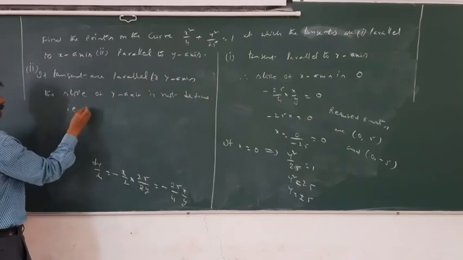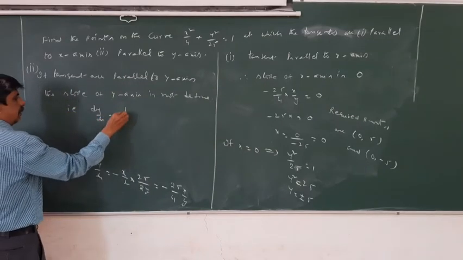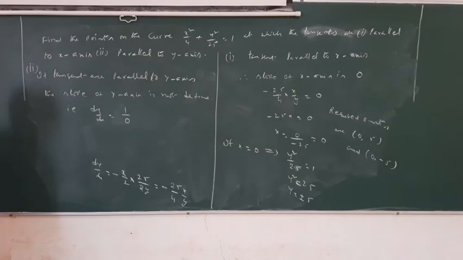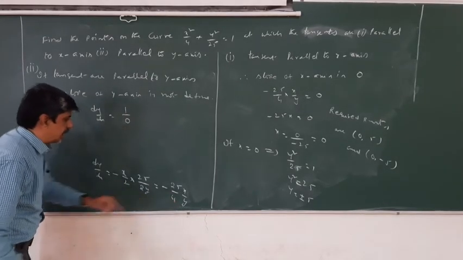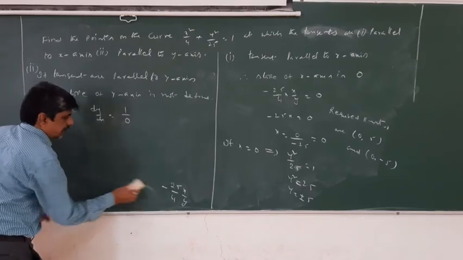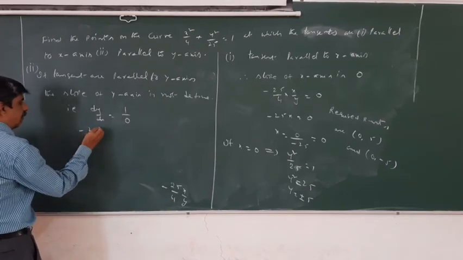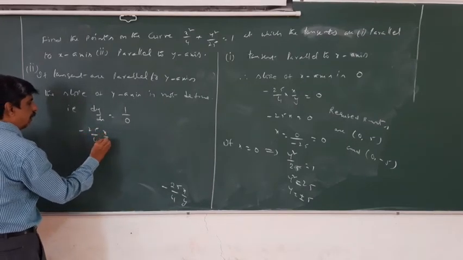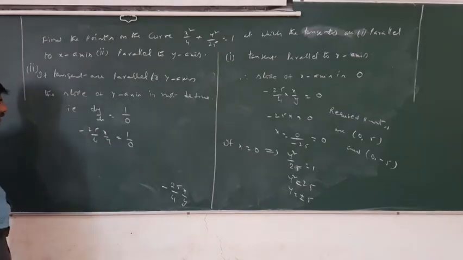That is, dy by dx is equal to 1 by 0. So we write dy by dx is equal to minus 25 by 4 into x by y is equal to 1 by 0.